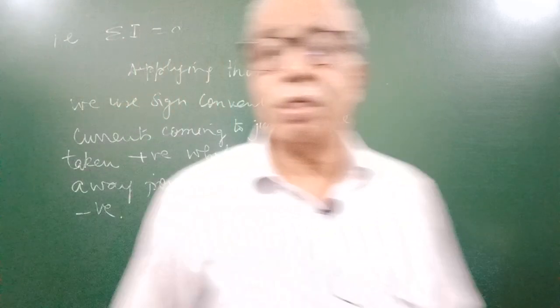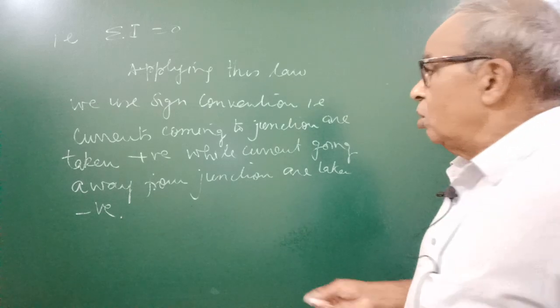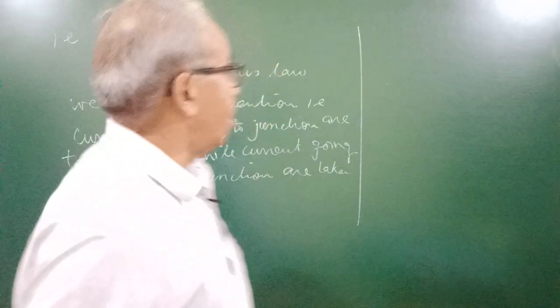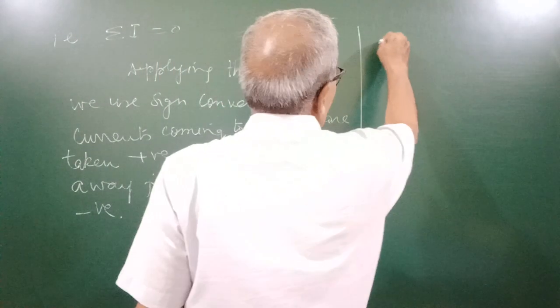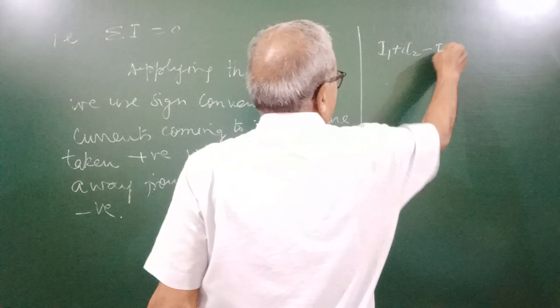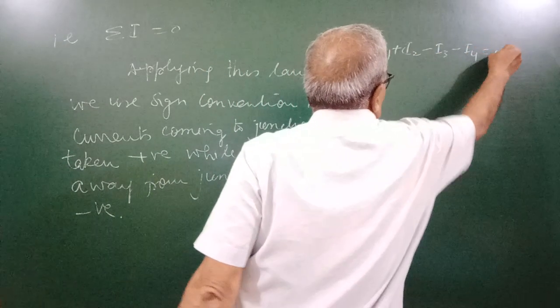Currents coming to junction taken positive and going away negative. So for the given circuit diagram, I1 positive, I2 positive, I3 negative, I4 negative, and their sum is 0.